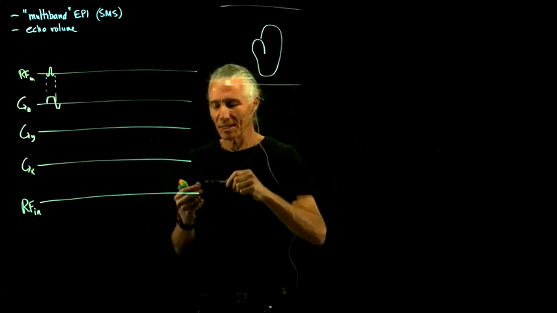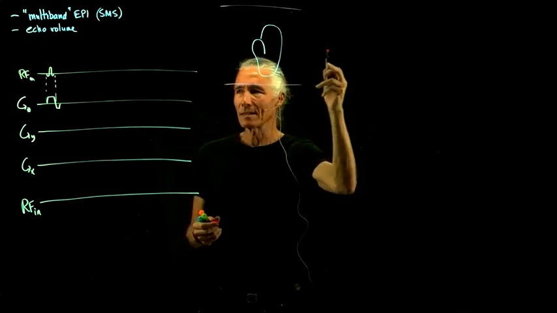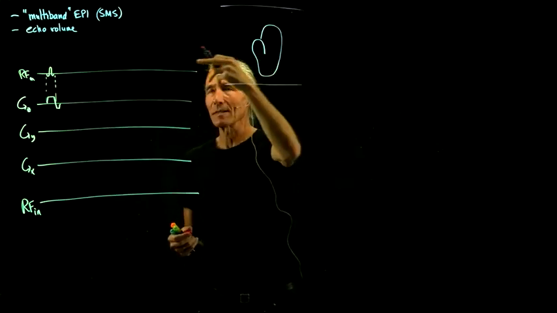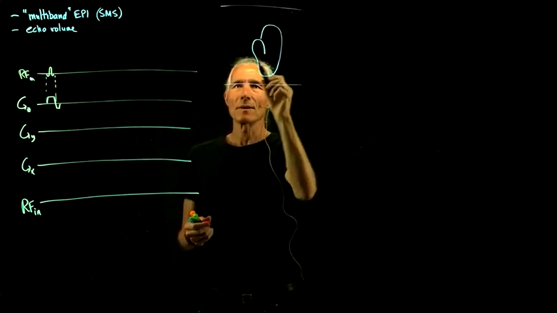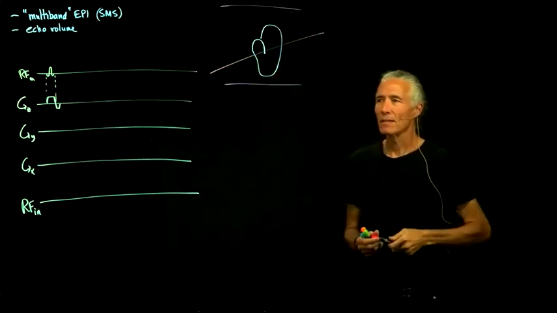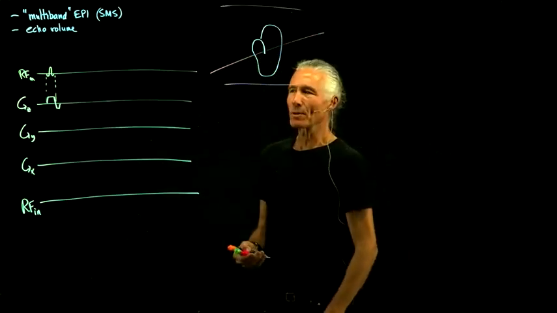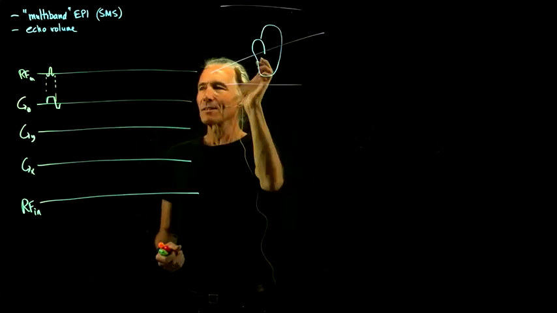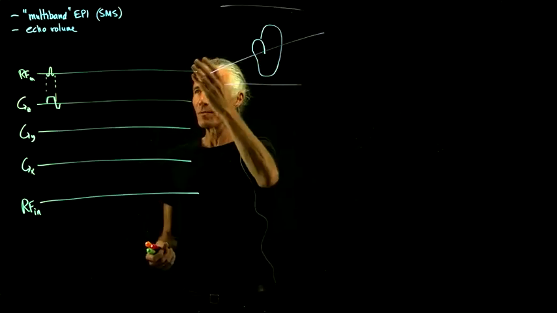What is the GZ gradient? It's a gradient that changes as you go in the Z direction, the direction of the bore. It's a change in the strength of the Z component as you move in the Z direction.